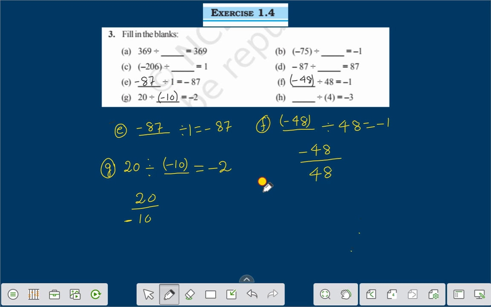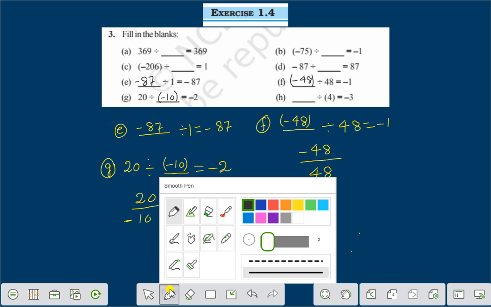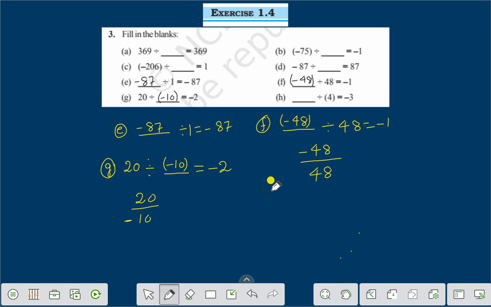Now question number H. What is question number H? Question number H is dash divided by 4 is equal to minus 3.